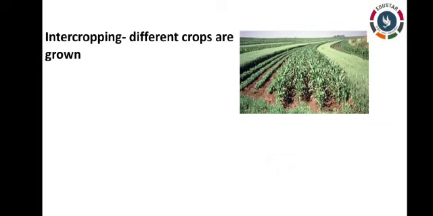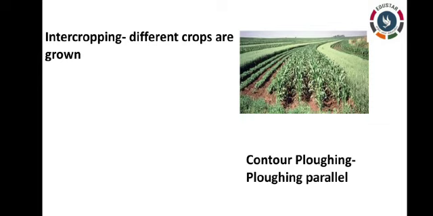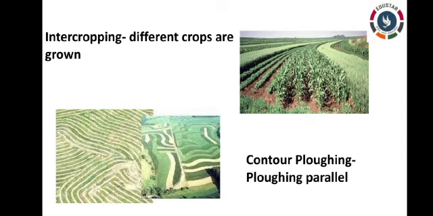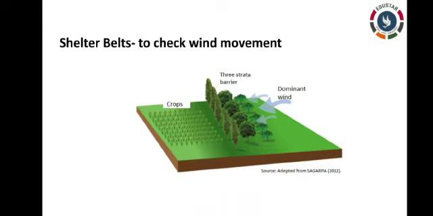Contour ploughing. Ploughing parallel to the contours of a hill slope forms a natural barrier for water to flow down the slope. Shelter belts. In coastal and dry regions, you can see a number of trees planted in rows to check the wind movement and protect the soil cover in that area.